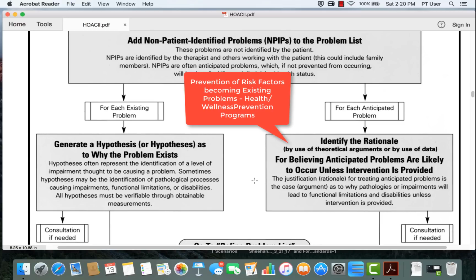Okay? So typically you as a therapist are one that are putting the pieces together related to an anticipated problem. Okay? The other way that anticipated problems are often looked at or described as are risk factors. What is the patient at risk for in the future?